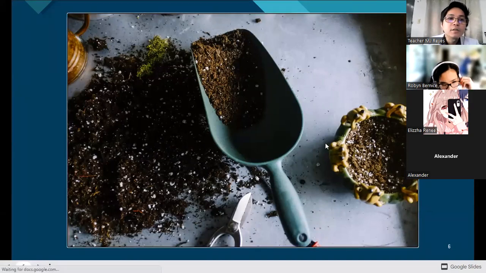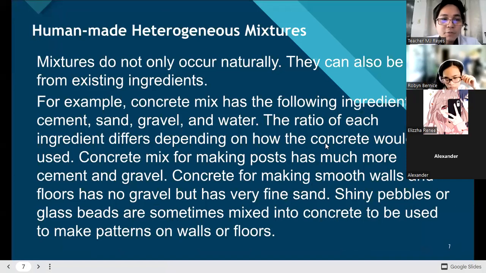Camera on, everybody. Human-made heterogeneous mixtures. We also have mixtures that do not occur only naturally. They can also be man-made or made from existing ingredients. For example, concrete mix has the following ingredients: cement, sand, gravel, and water. It is not naturally occurring, meaning it is artificially created, or human-made. The ratio of each ingredient differs depending on how the concrete will be used.